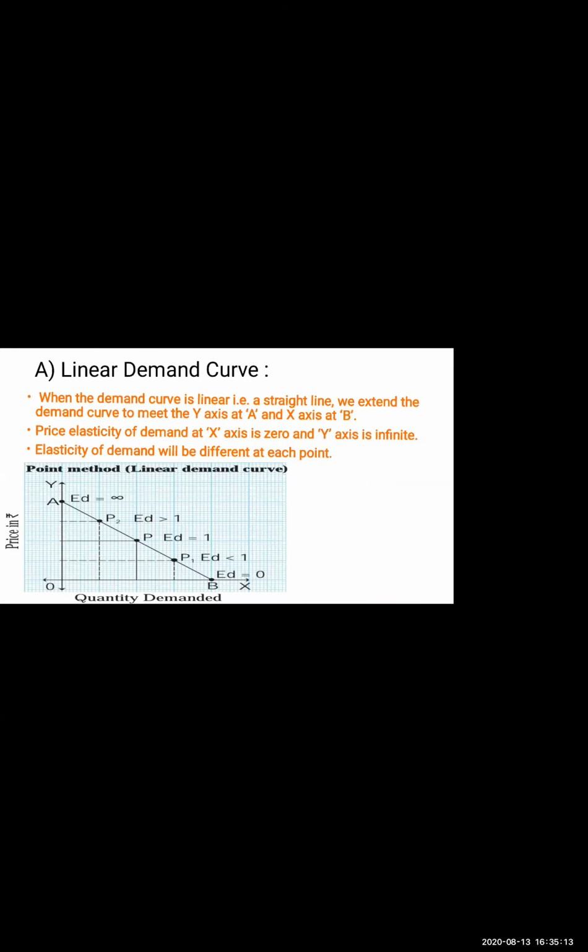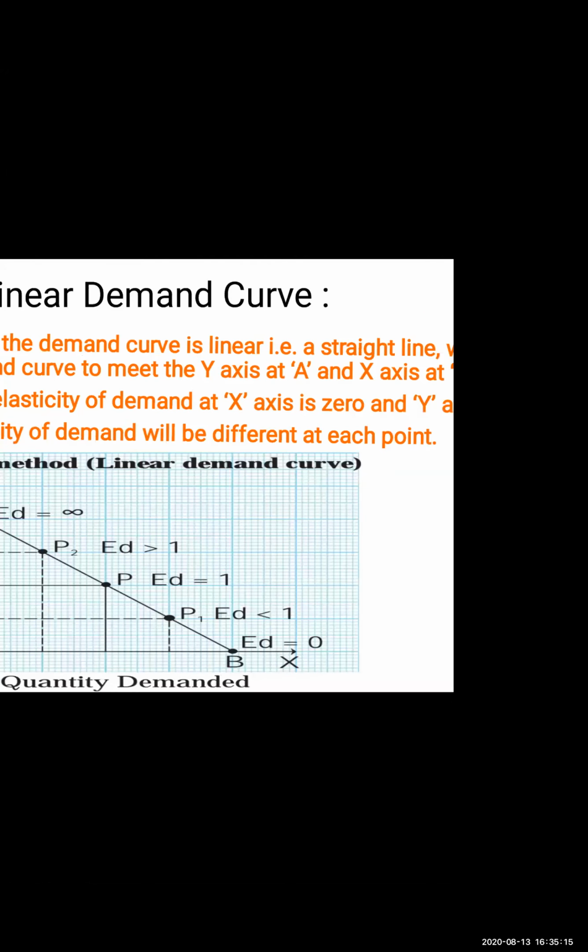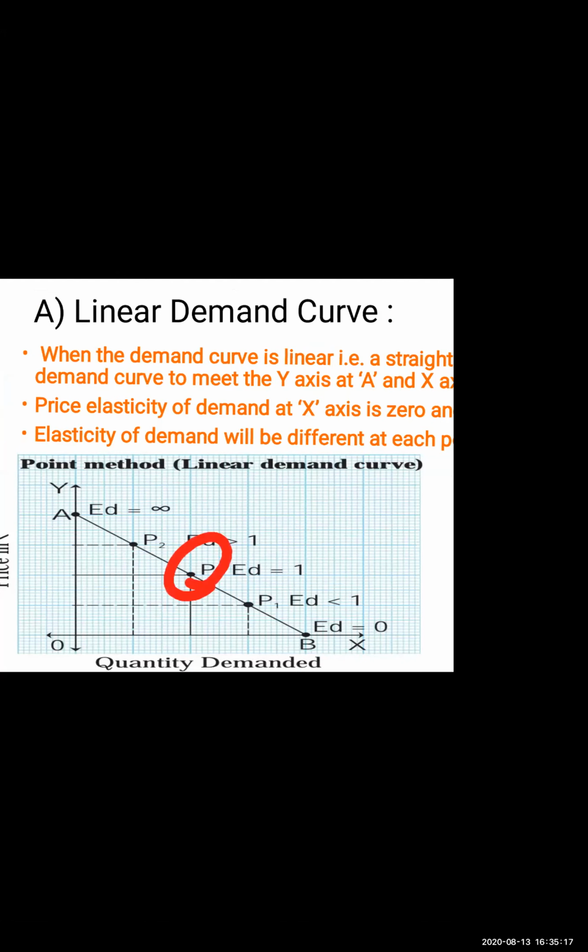One more important thing is that above this point is U. Under this point is L. From P to PB we have L. This one is the middle. Now if we want to calculate at P, we will apply the formula lower segment.